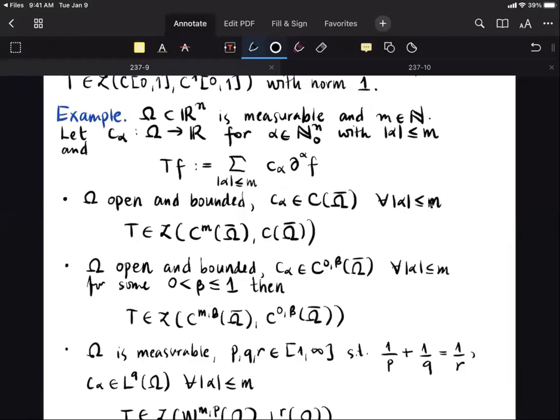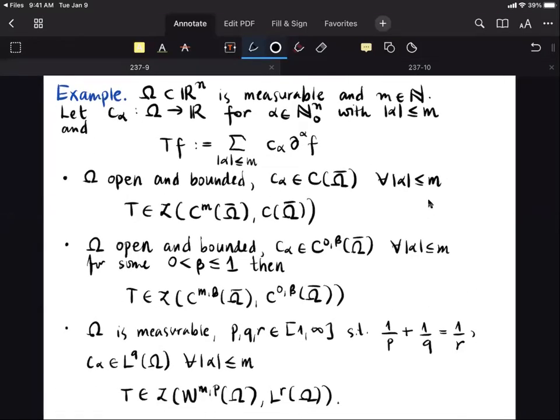So the details of this example are again left for you to verify. So depending on the regularity of your coefficients, your linear operator will be bounded on appropriate function spaces. So here we have the space of continuously differentiable functions, the Holder functions, and then the Sobolev functions as well.